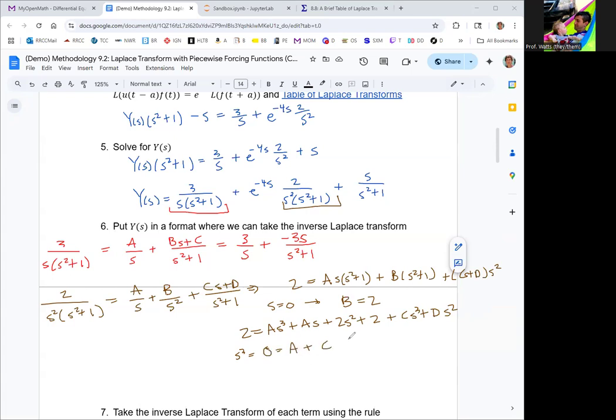So a is the opposite of c. But if you start with the s squared, you get 2 plus d equals 0. So d equals -2. And then if you use the linear terms, you just have the a over there, and since a is 0, that implies that c is also 0.